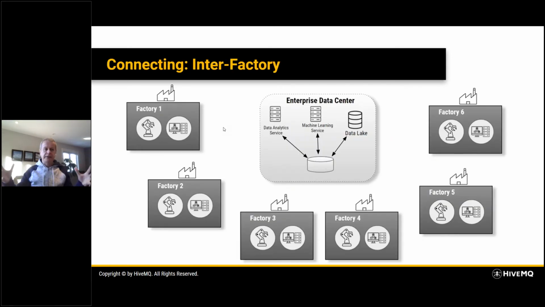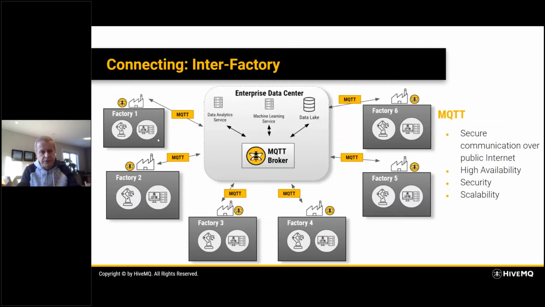So that was within a factory. When we start talking about interfactory communication, it's very similar. You can think of each factory having a broker, working either within a SparkPlug architecture or not.